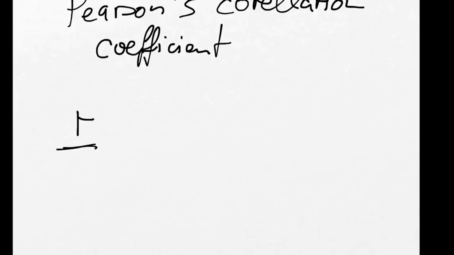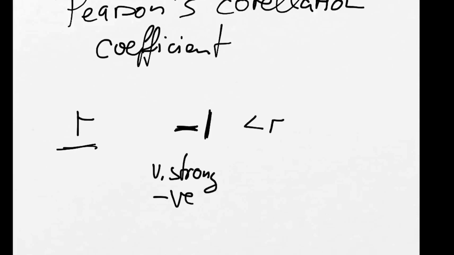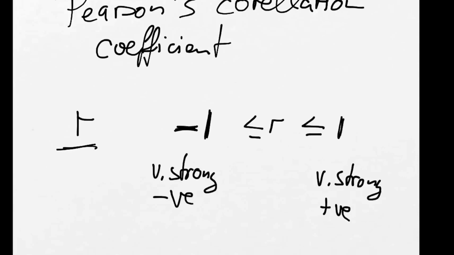And it can be between -1, this would be very strong negative, and up to +1. That would be a very strong positive correlation.